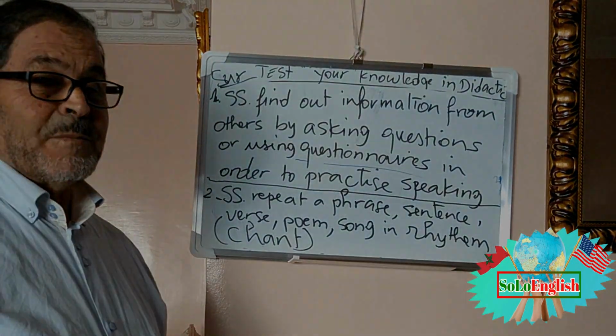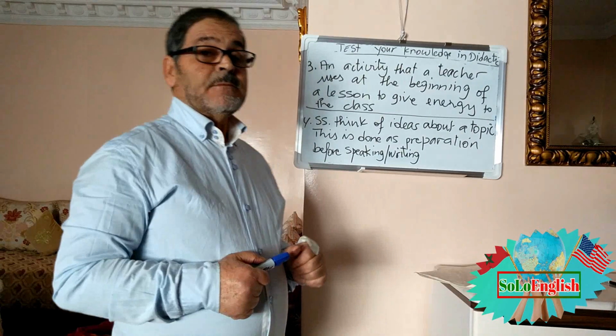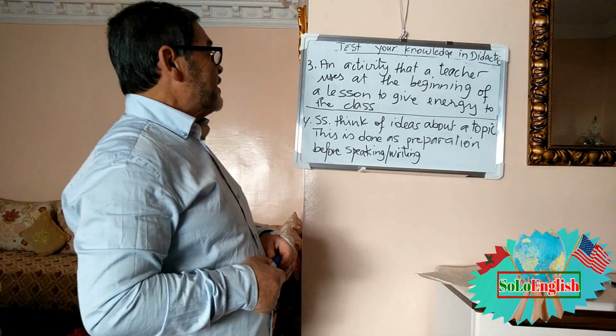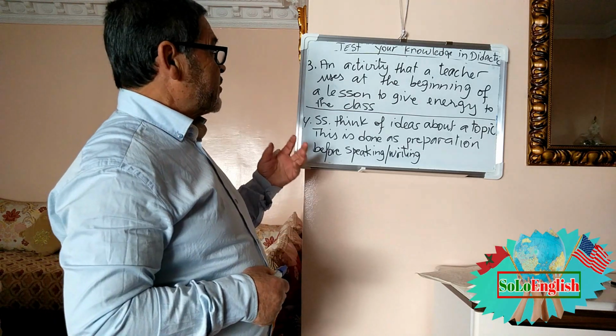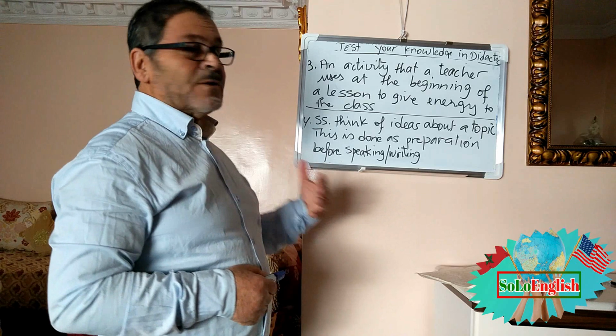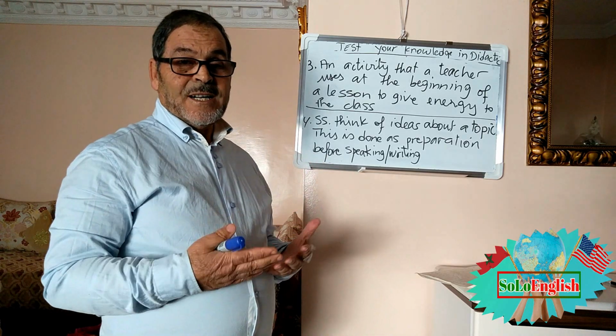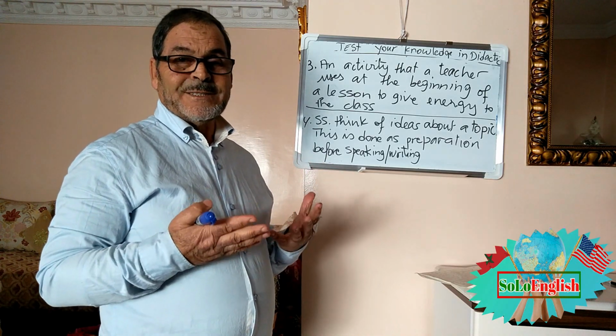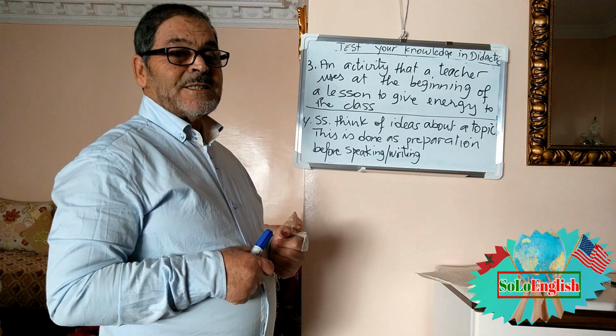So we go two by two. Let's go on. The third sentence: an activity that a teacher uses at the beginning of a lesson to give energy to the class. So the answer is understood. What is the answer here?